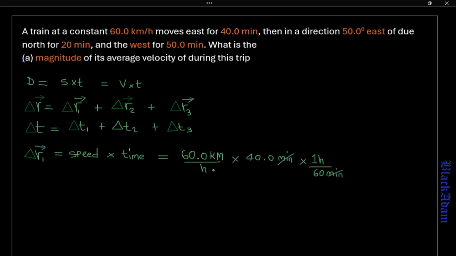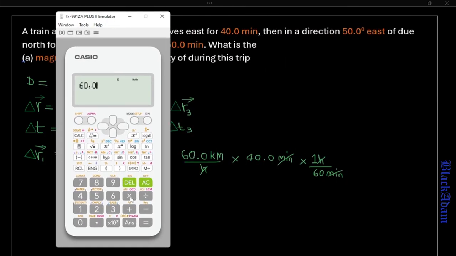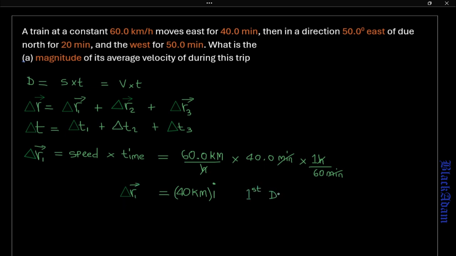The minute cancels and the hour cancels, and then we have kilometer. So we have 60 kilometer multiplied by 40, that's 2400, divided by 60, that's 40. So our distance is 40 kilometer, and that's our x component, which is i, and that is our first displacement.